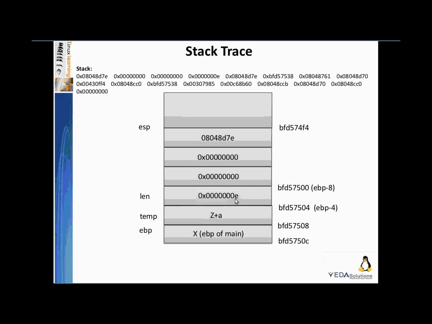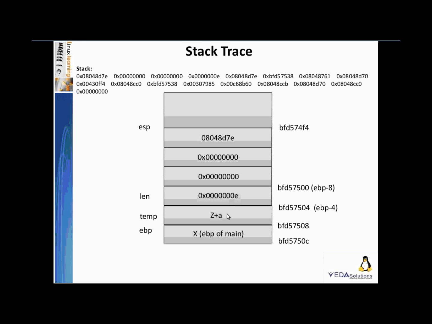Now E in hexadecimal is equal to 14 in decimal. It means the string was of length 14 bytes. That string was str pointing towards Veda solutions, and its length is 14 bytes, which is the correct value. It means MyStringLength computed the correct length of the string.